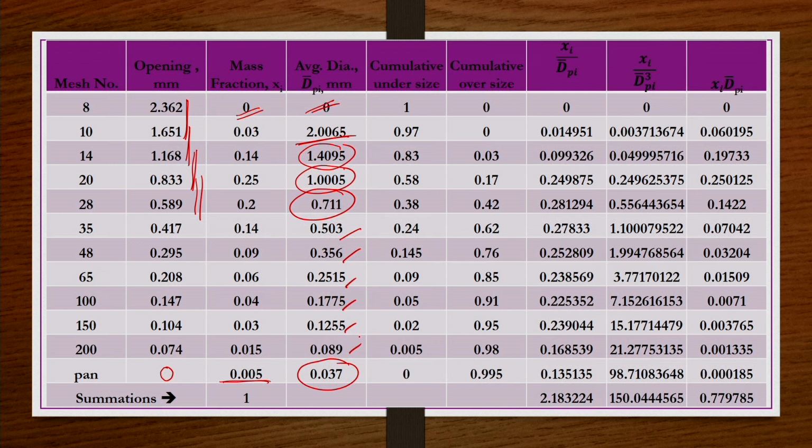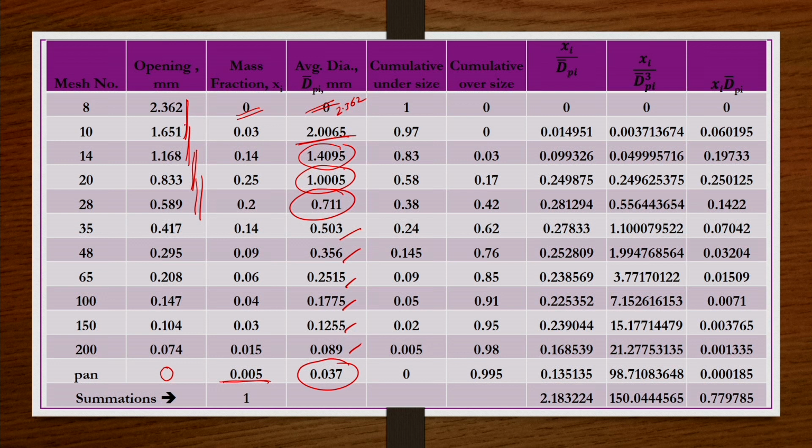Now, the first part of the question is to give the cumulative undersize and cumulative oversize plots. Let us see undersize first. Undersize means the fraction of material smaller than Dpi. For this case Dpi is 2.362, right. What is the fraction of material having size smaller than 2.362?